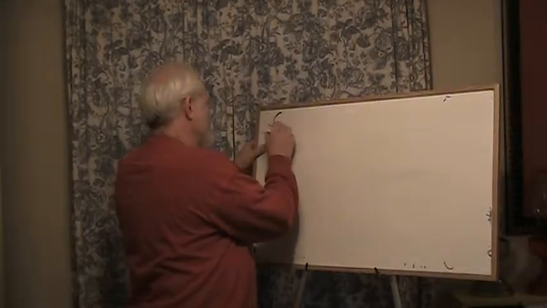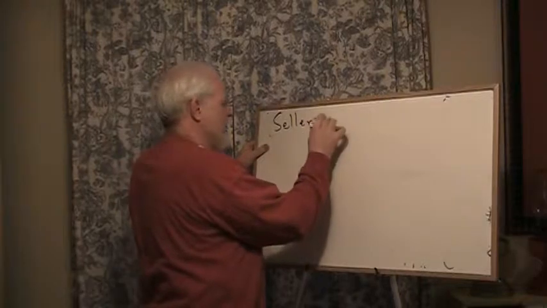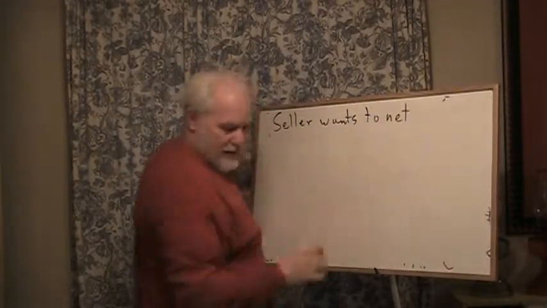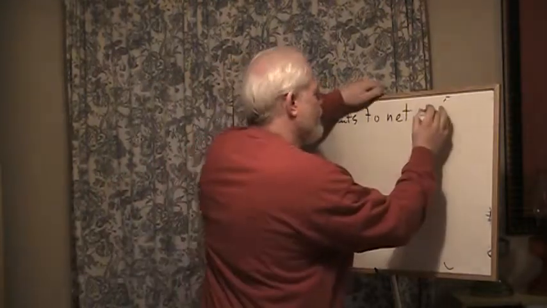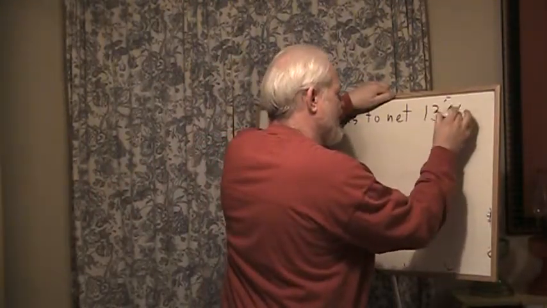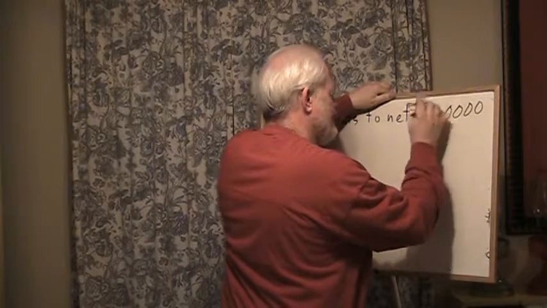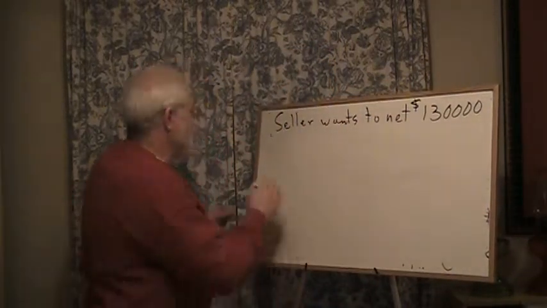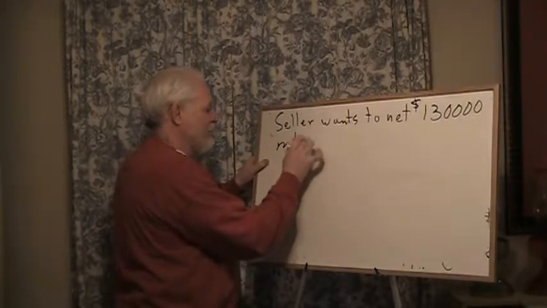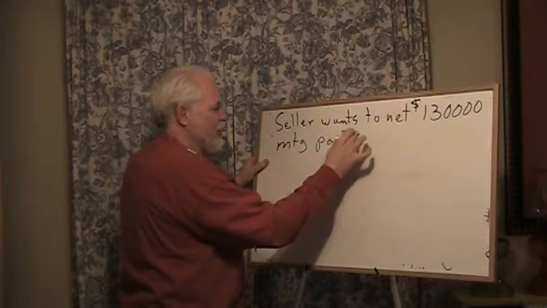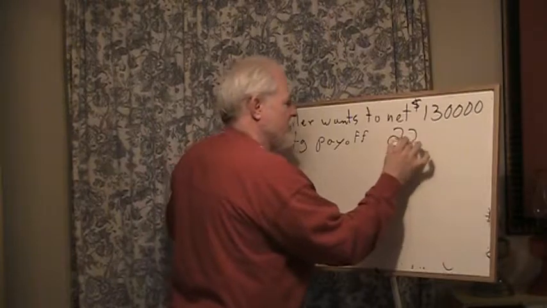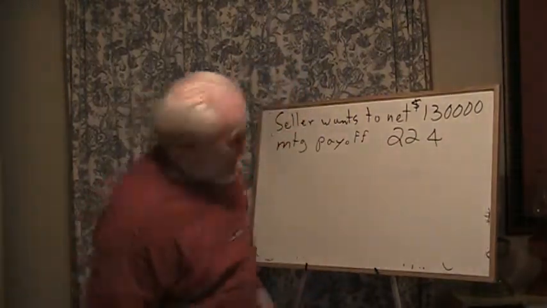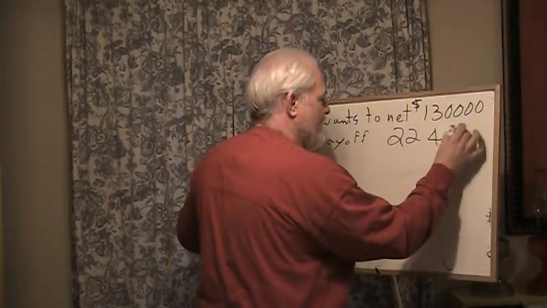So let's see. All right, Mr. Seller says he wants to net $130,000 in his pocket after all the dust clears. He said, I want $130,000 in my pocket. Now he's got a mortgage payoff. He's got to pay off his mortgage, which is $224,000 exactly. All right.